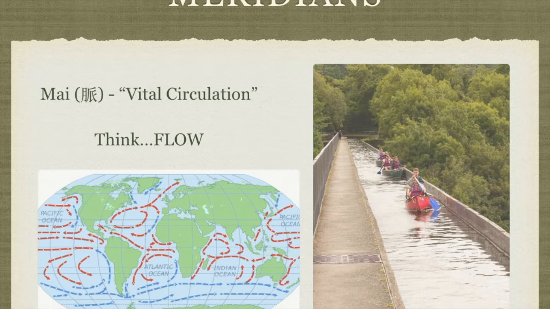And the word mai actually means sort of vital circulation. Since most of us aren't using these words in our daily life to describe pathways or repositories, things like meridians or collaterals, it gets a little bit lost in translation. But I'm going to use the word meridian tonight.